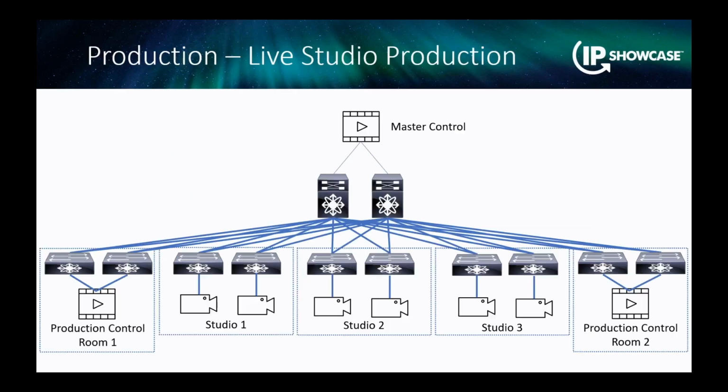When we talk about spine and leaf deployment, you can make it more flexible. You could have multiple studios connecting to sets of switches, dedicating a set of switches per studio, as well as a set of switches per production control room, and you can connect the master control room to your spine switches.